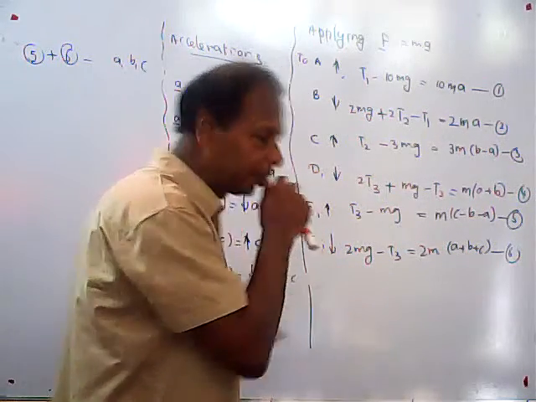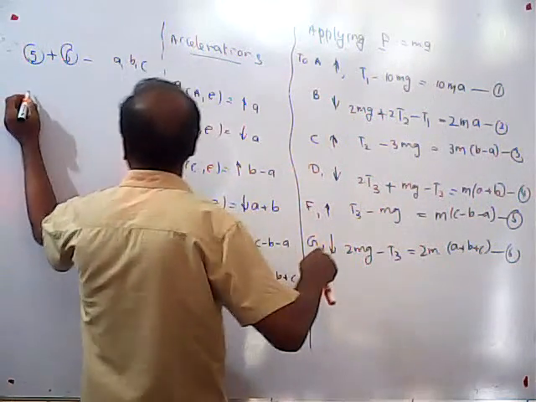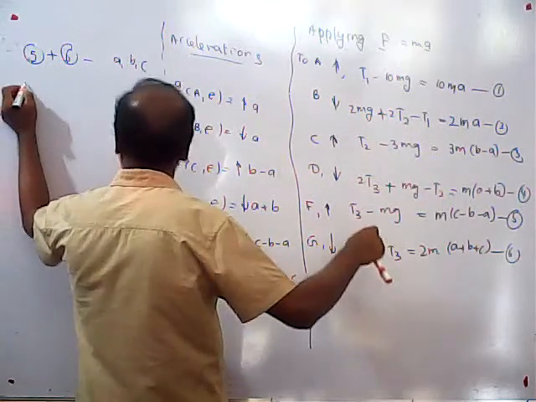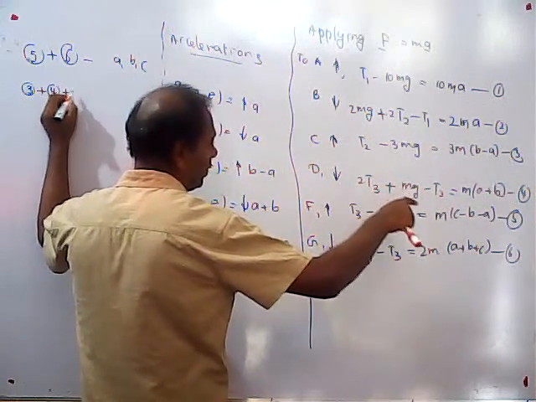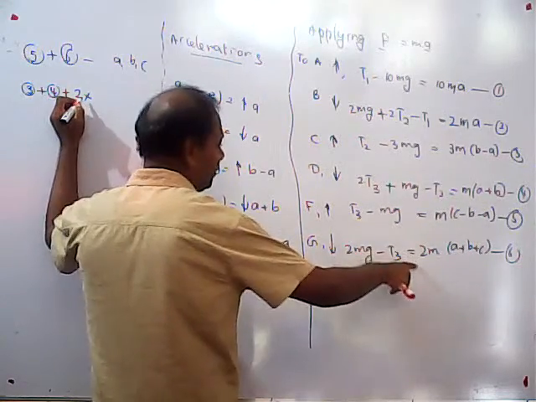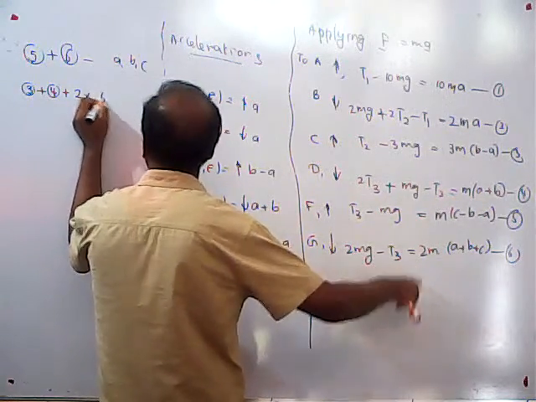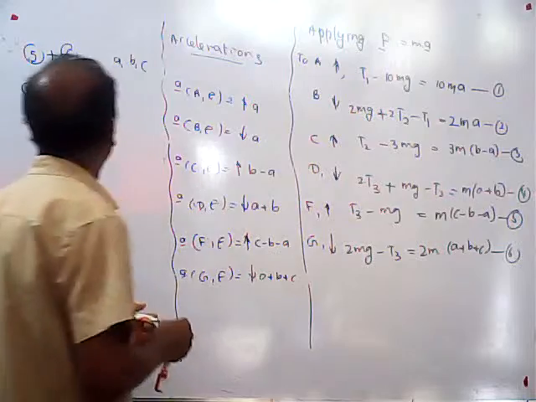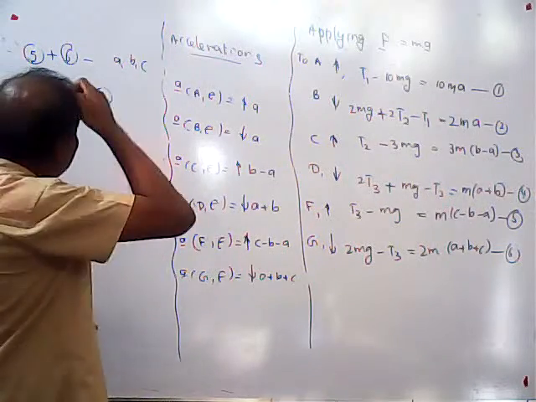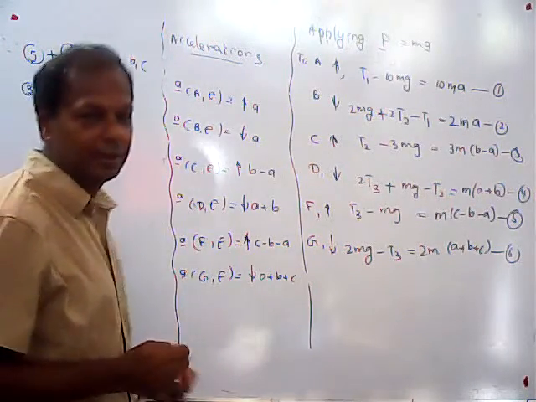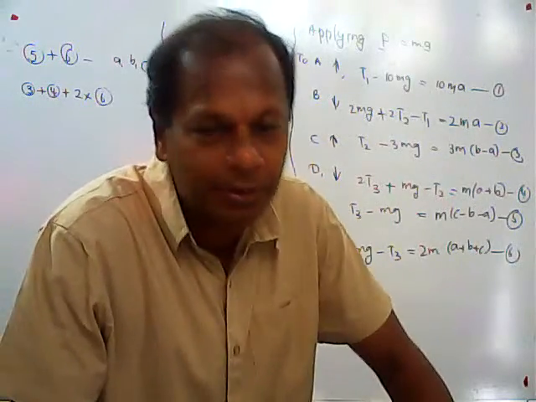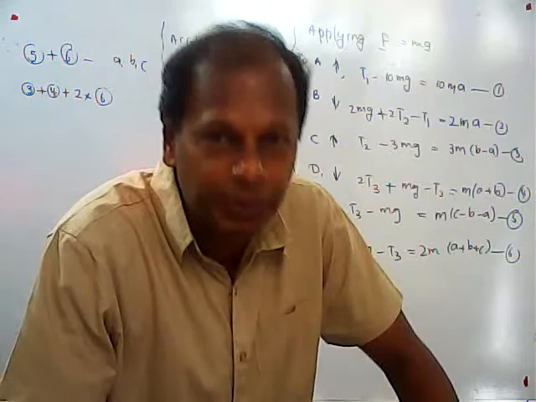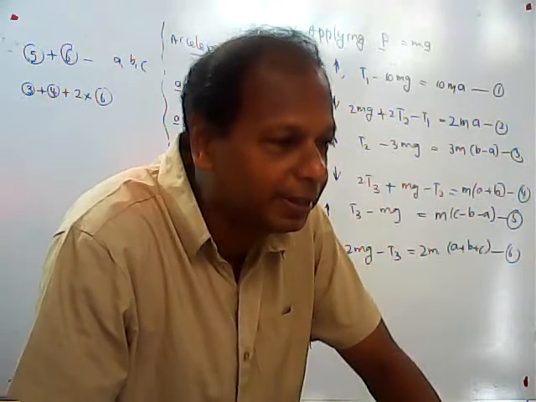So the next has to be 3 plus 4 plus 2 into 6. Now we have 2 equations of A, B, and C, but not sufficient. You need another. How to get the third and the last?